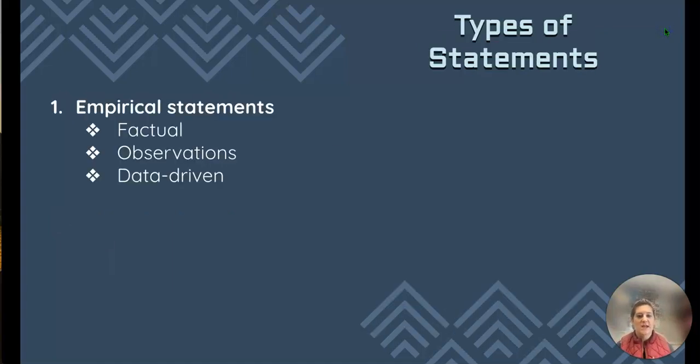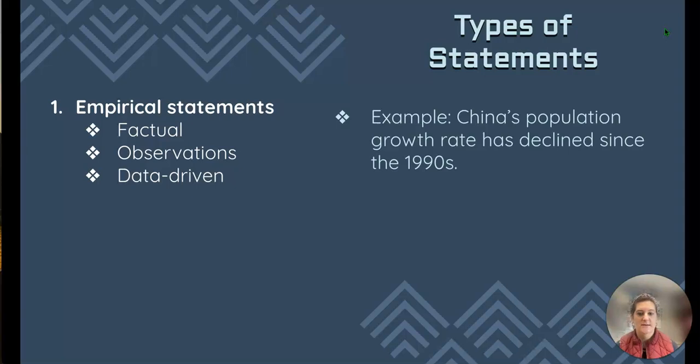They also differentiate between two different types of statements. Empirical is really based on quantitative data. That's factual and data-driven. So for example, this statement, China's population growth rate has declined since the 1990s, is factually true. We can pull up the data, we can look at population growth rates for the past 35 years, and we can prove it to you.